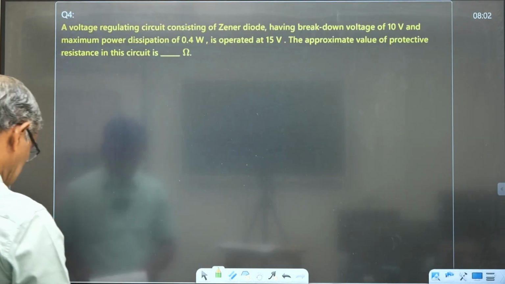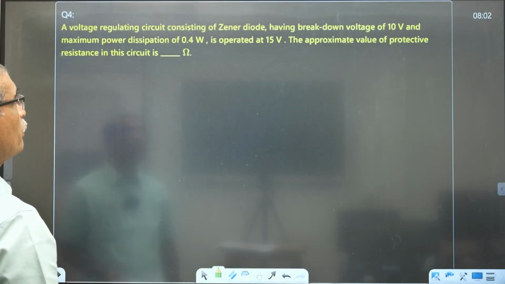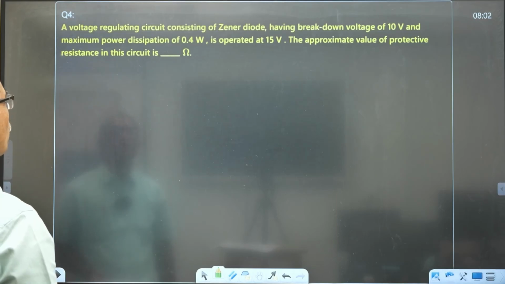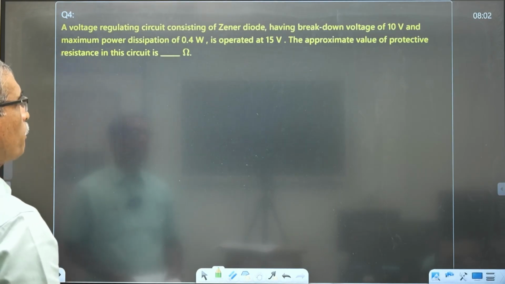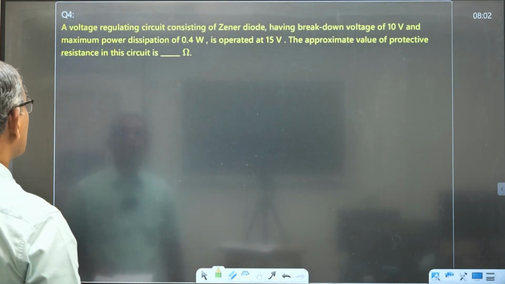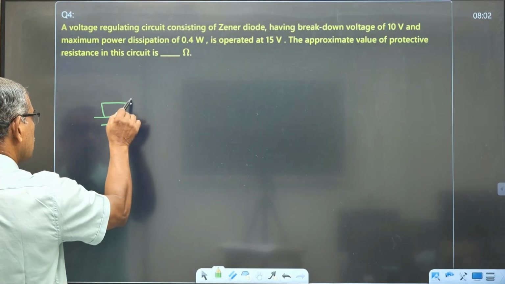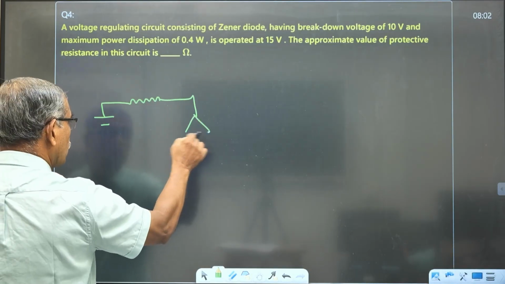Voltage regulated circuit. A Zener diode having breakdown voltage of 10 volt and a maximum power dissipation of 0.4 watt is operated at 15 volt. Find the approximate value of the protective resistance. You can see this is our circuit, this is our protective resistance and this is the diode.